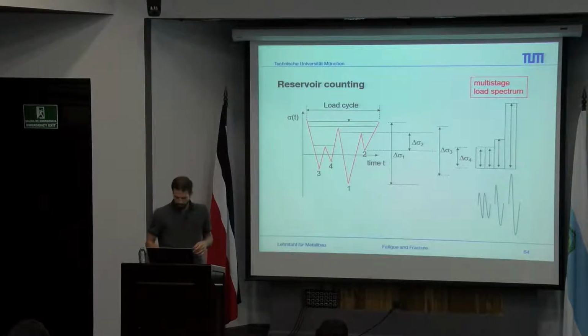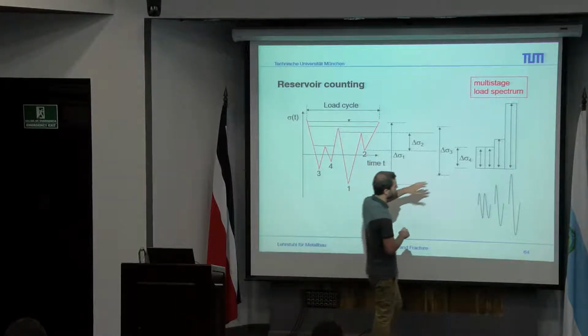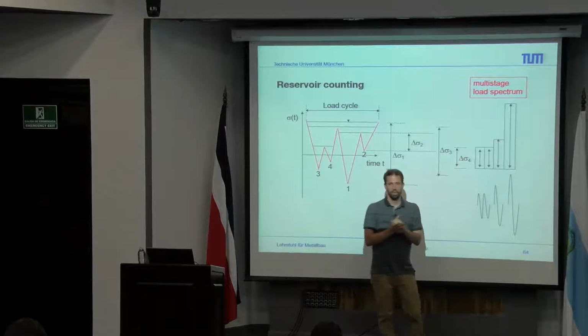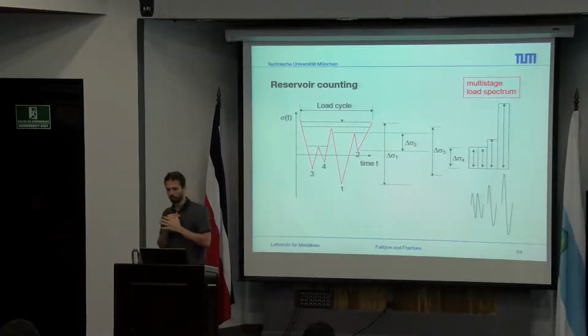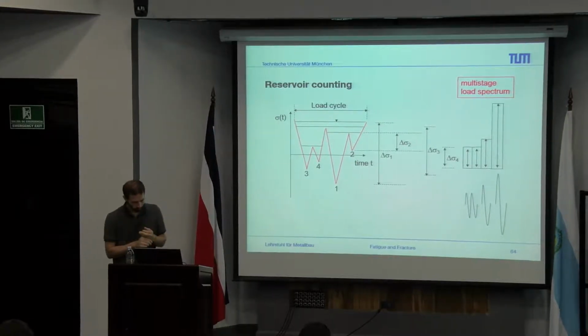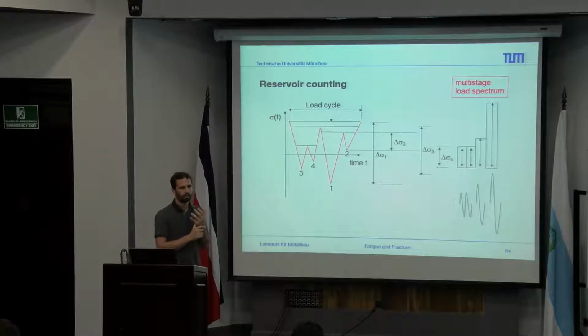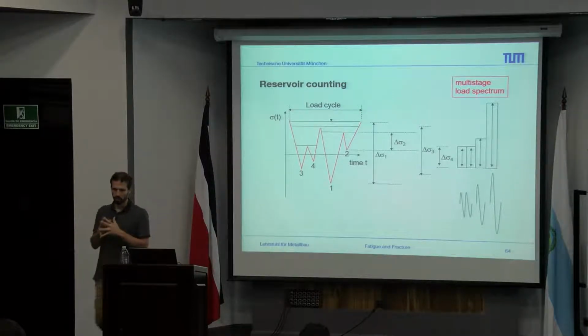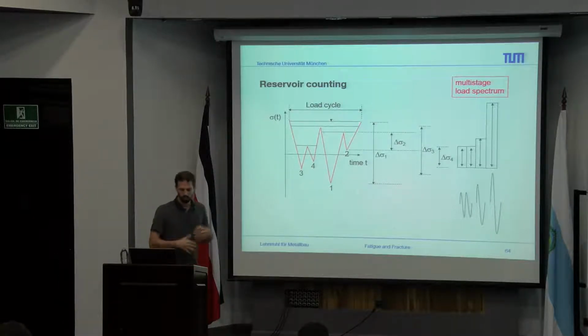And also, at the end, what you're getting is the multi-stage load spectrum. So this is what I also called the stress collective. And with this stress collective, we have some information about the loads which are in the system and also about the damage which is acting on the system.